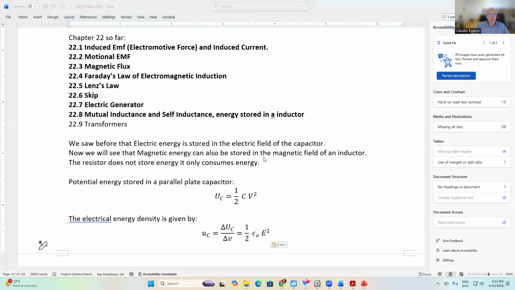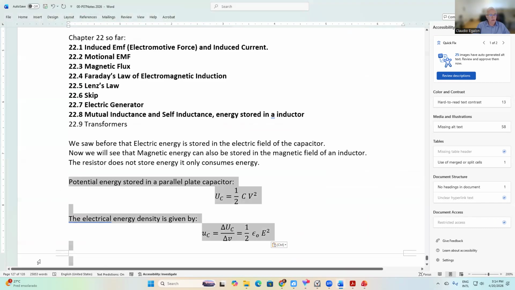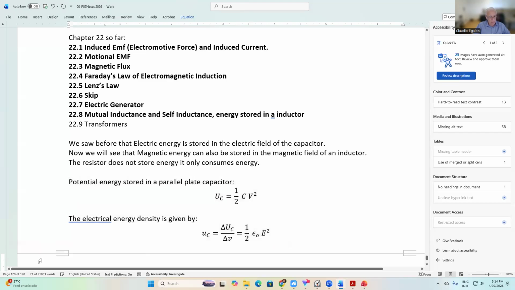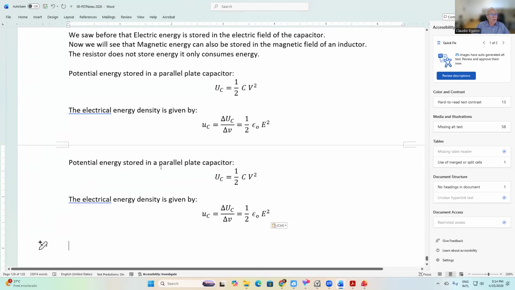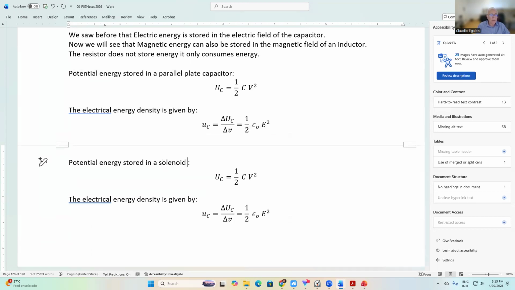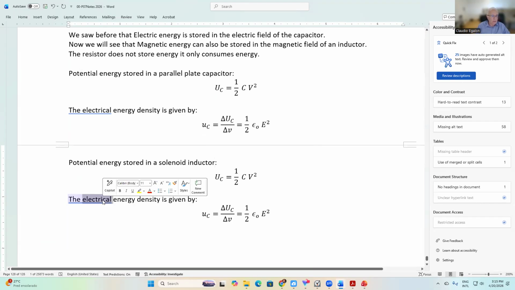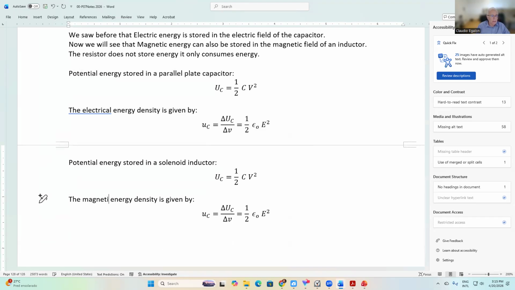And now we are going to see what is the potential energy stored by the inductor, stored in a solenoid inductor, and the magnetic energy density of a solenoid, of any inductor, okay? We're going to see that.